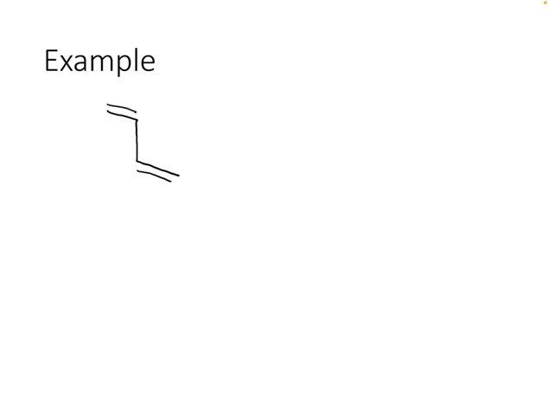And we're actually going to call this s-trans, and the s stands for the single bond in the middle. So if we're looking at that single bond in the middle, the double bonds are facing in opposite directions, which is why it's trans.